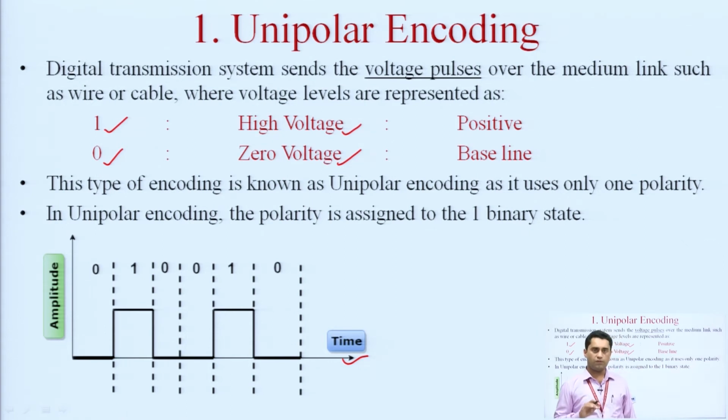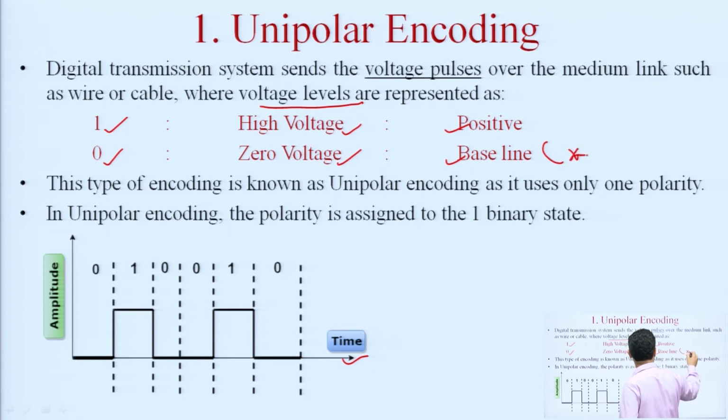In unipolar, we are only focusing on one direction, meaning above the x-axis, as mentioned here that the voltage levels are represented as 1 and 0. 1 represents high voltage, which is positive, and 0 represents 0 voltage, which is the baseline. You can treat the baseline as the x-axis. In some of the schemes you will find in the question that the negative part is also taken.